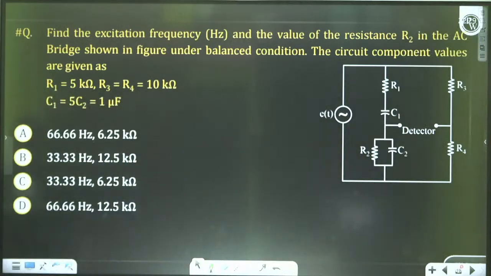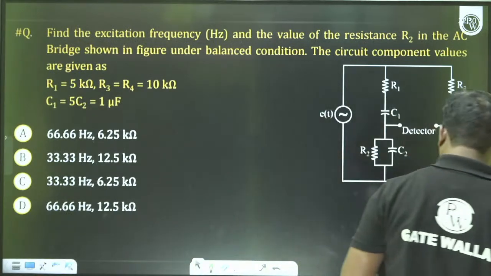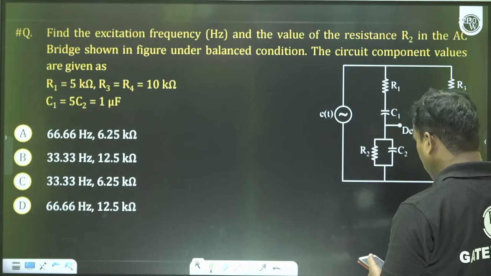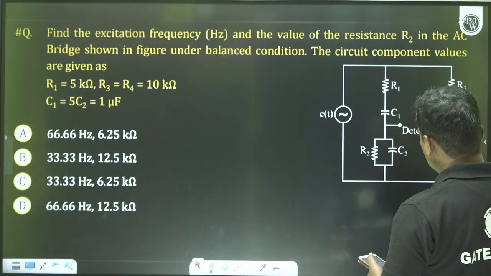Try to solve this question. Find the excitation frequency in hertz and the value of the resistance R. So I think it is the same circuit, right? Almost the same circuit. Parallel.